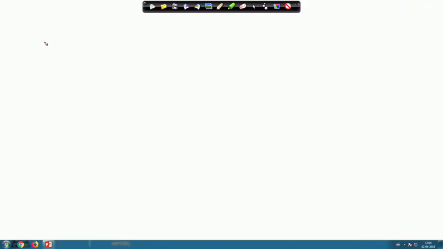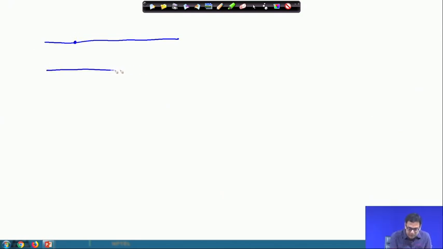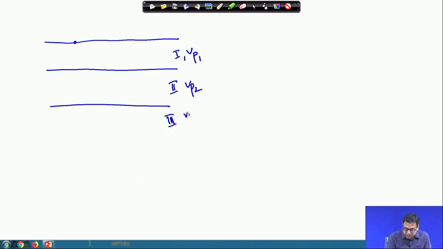Suppose this is the ground surface, where this is the source, and these are different layers. Layer 1 has V p 1, layer 2 has V p 2, and layer 3 has V p 3.